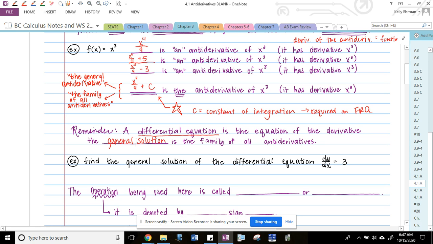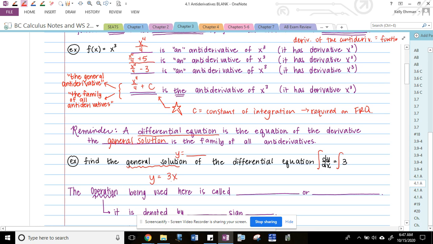So if I had to find the general solution of the differential equation dy dx equals 3, the general solution is basically just saying, figure out what y equals. If I integrate both sides, I know we haven't used the symbol yet, if I take the antiderivative of both sides, then I would get y equals the antiderivative of 3, which is 3x, because remember, you're thinking backwards.